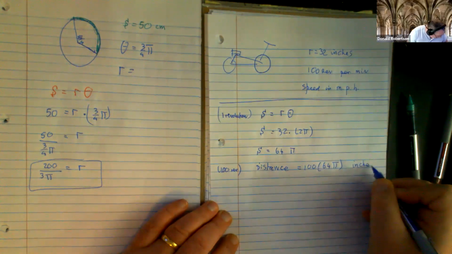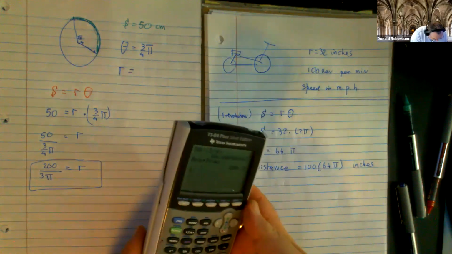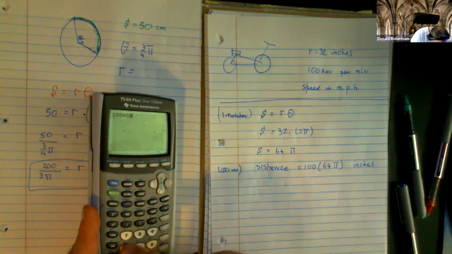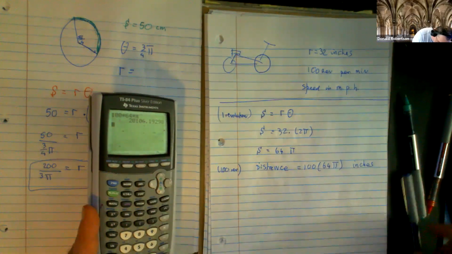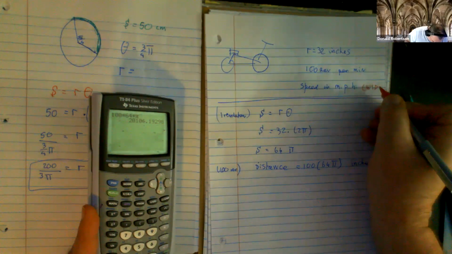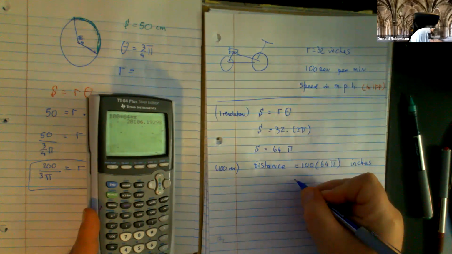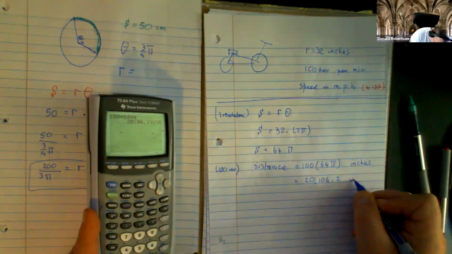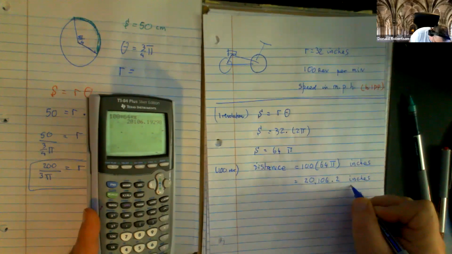So I've tried to keep things exact as long as I can, but I'm now going to go 100 times 64 times pi. And let's say they said up here that they want the answer to 1 decimal place, right? So that ends up being 20,106.2 inches in a minute.